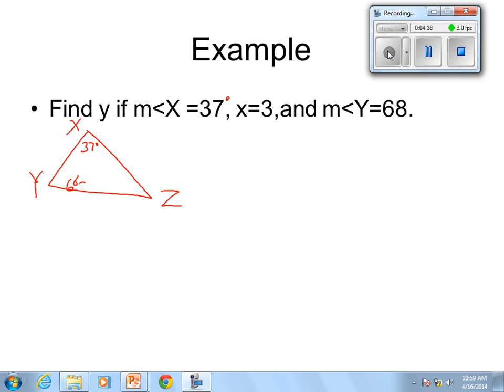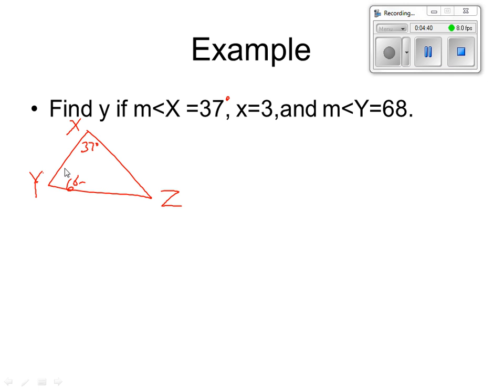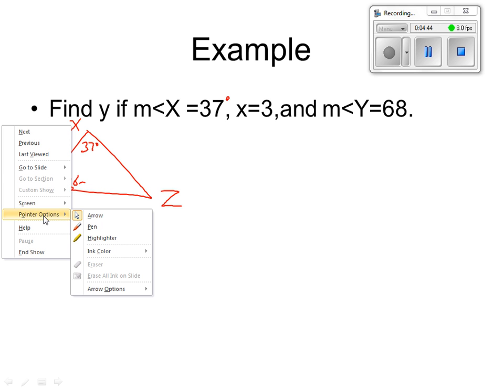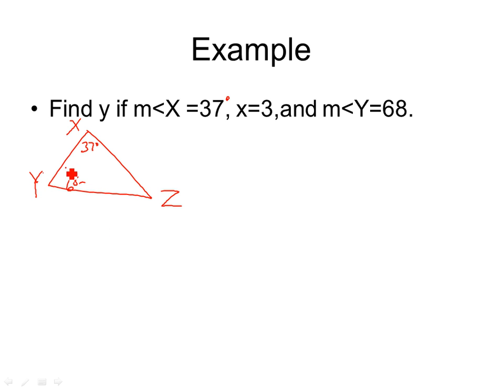The measure of angle x is 37 degrees, the measure of angle y is 68 degrees. Little x, which is across from big X, is 3, and we're looking for little y, which would be across from big Y. And all you're going to do is set up a proportion.